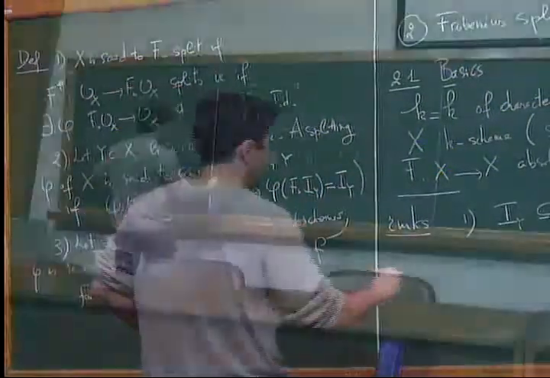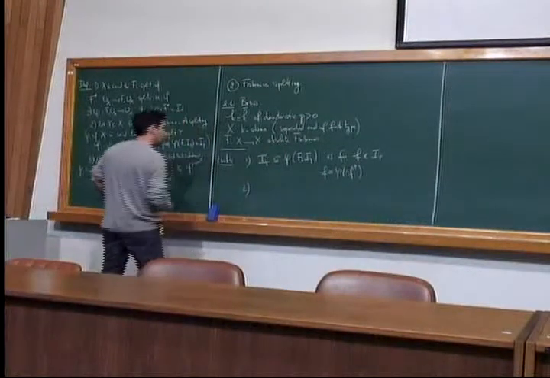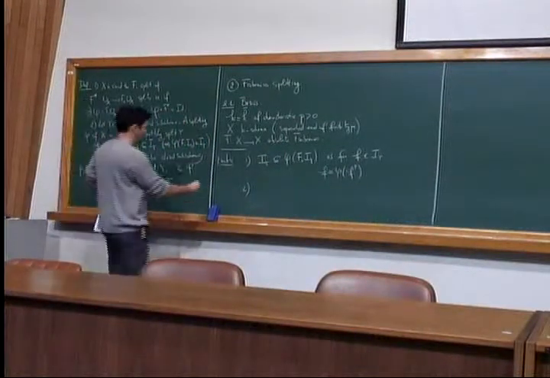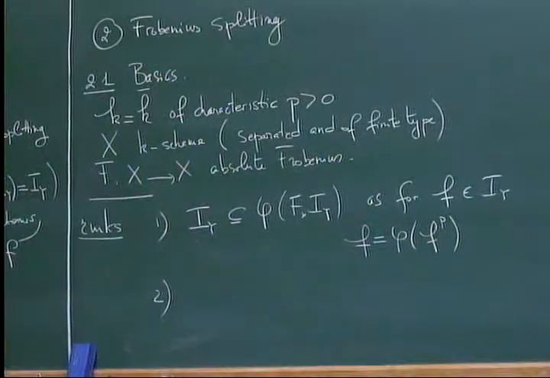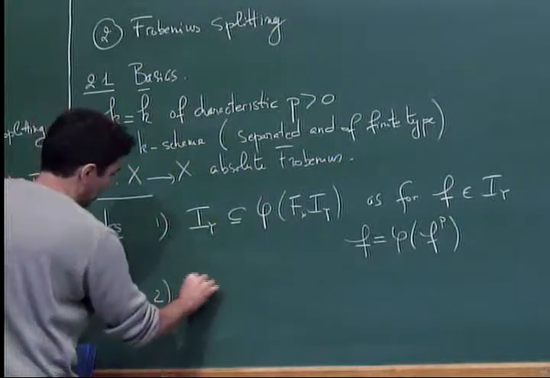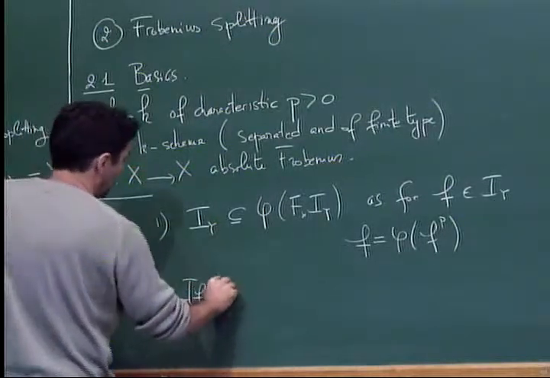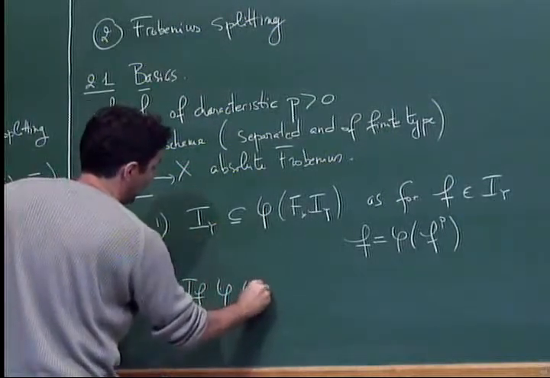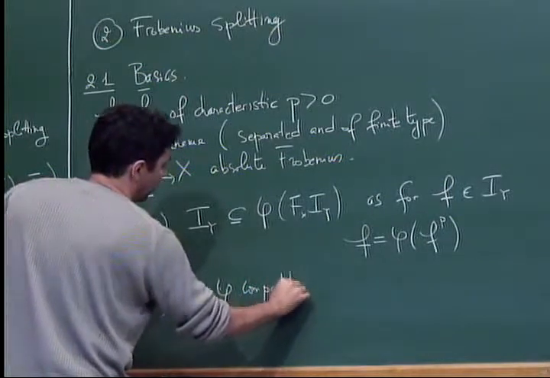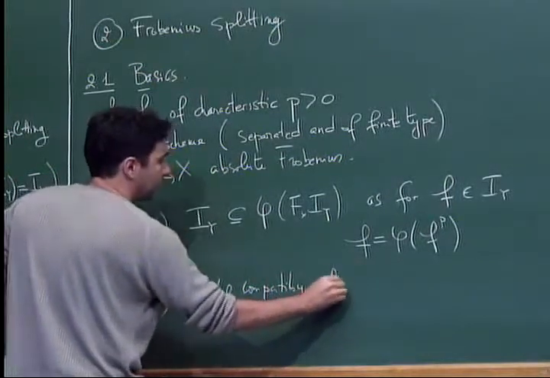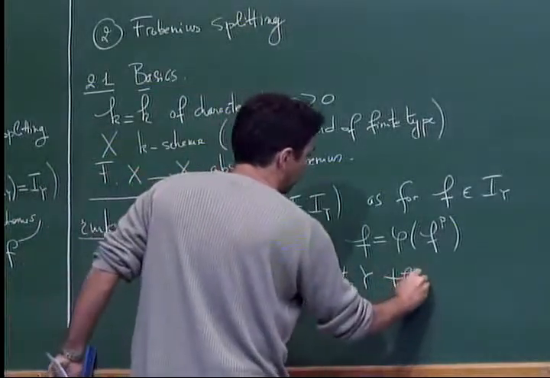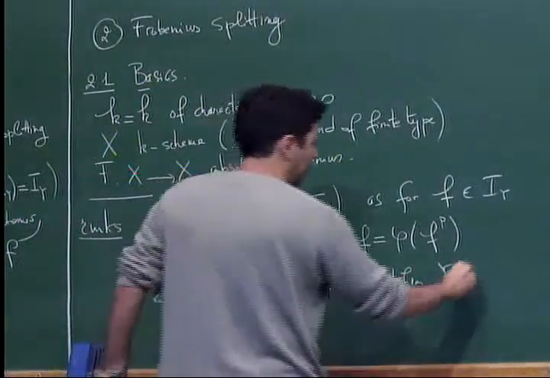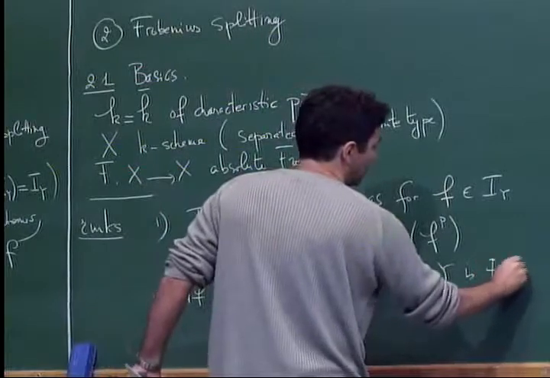And the second one is, if Y is compatibly split by phi, then Y is split, Frobenius split.